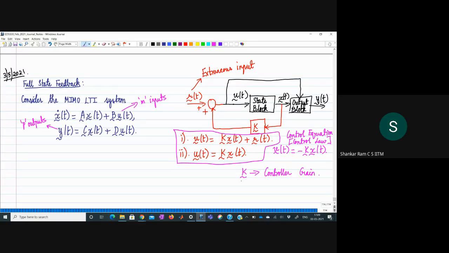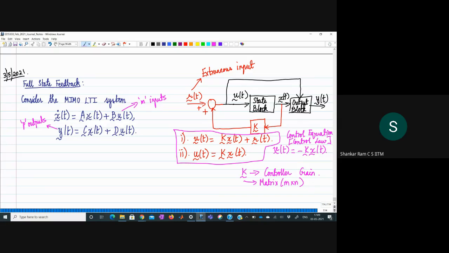For a MIMO system, this is going to be a matrix of order m by n.